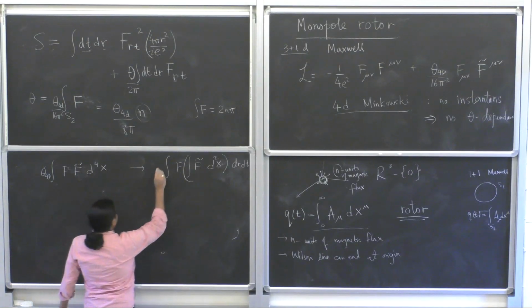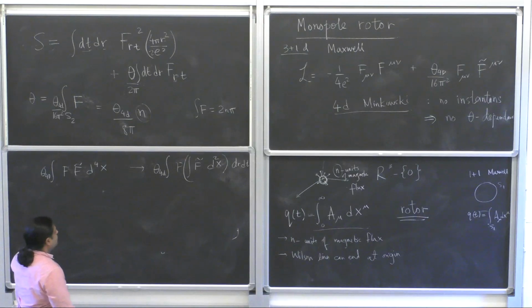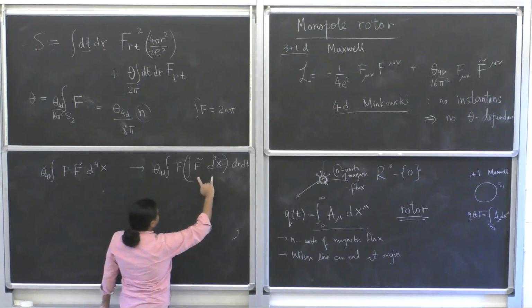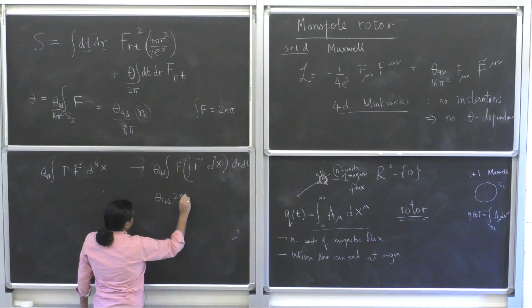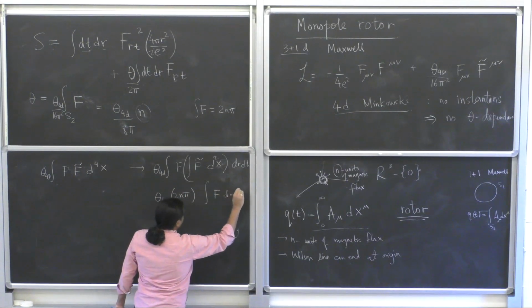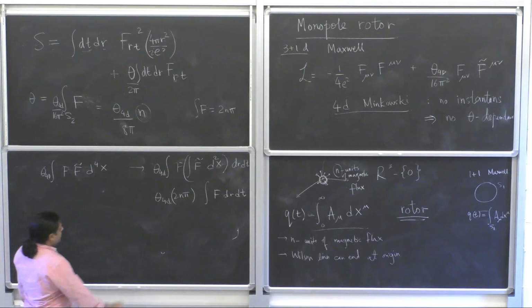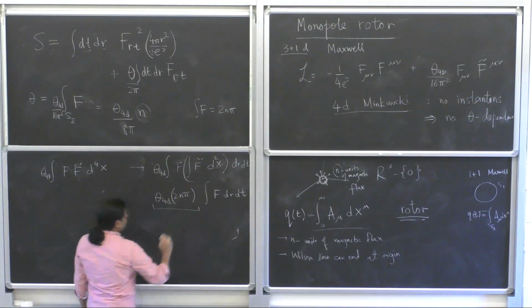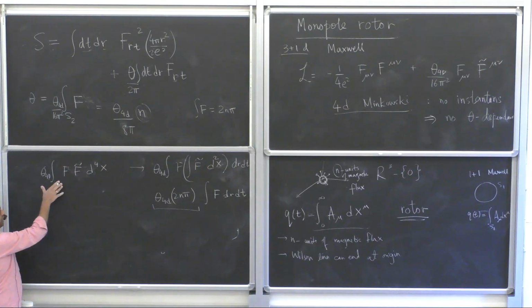So the 4D theory gives you a theta term, which is theta 4D times the magnetic flux through the S2 surface, times the 2D theta term. So in two dimensions, you get the term that we were writing before, theta times F, but it descends from the 4D theory.